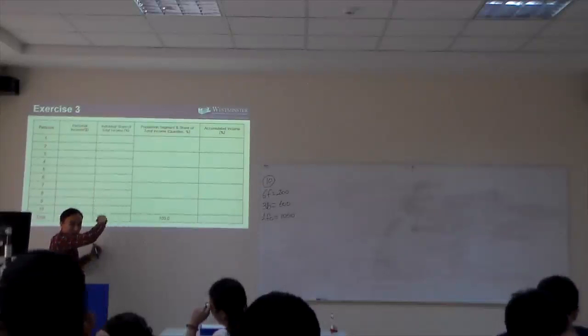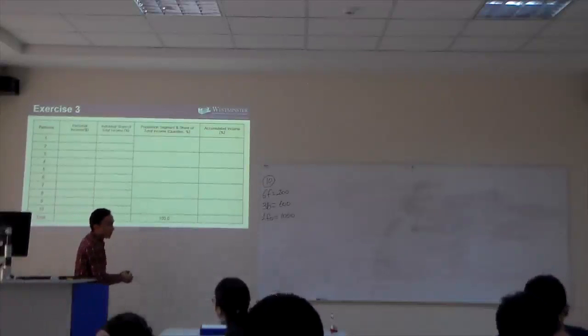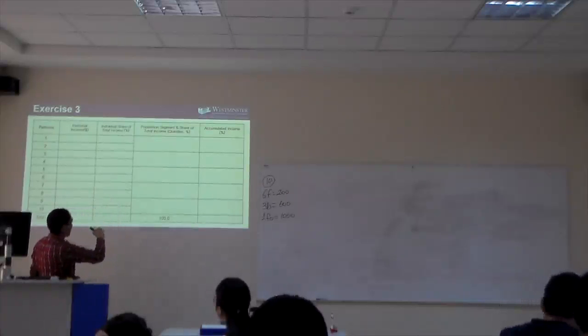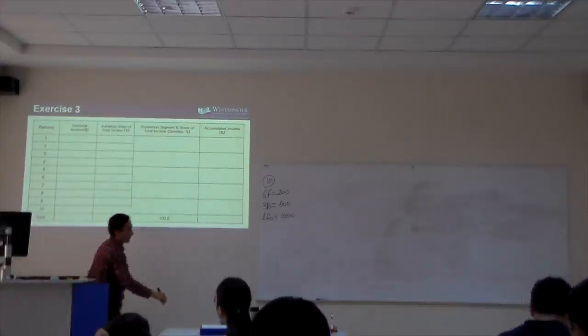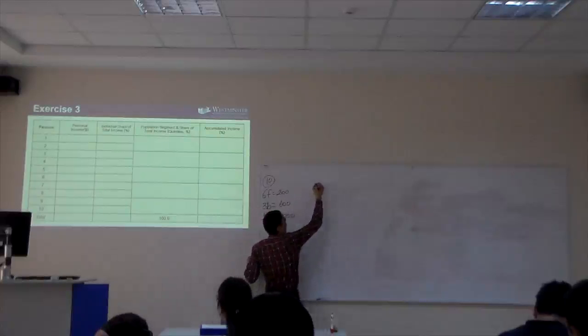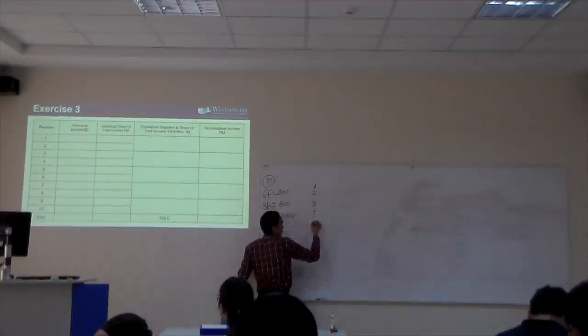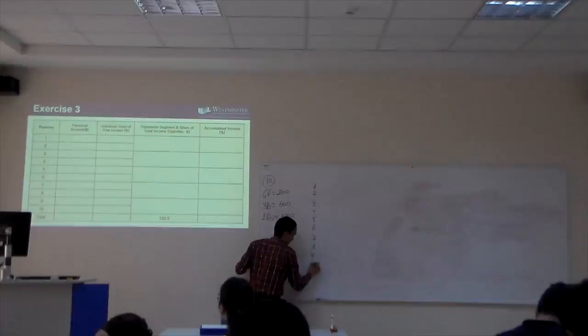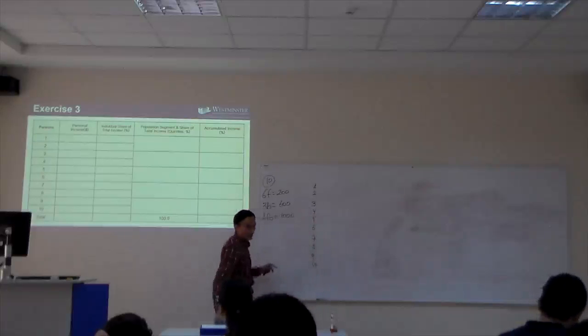Number one, we have to list the population: individual 1, individual 2, 3, 4, 5, 6, 7, 8, 9, 10. 10 individuals.